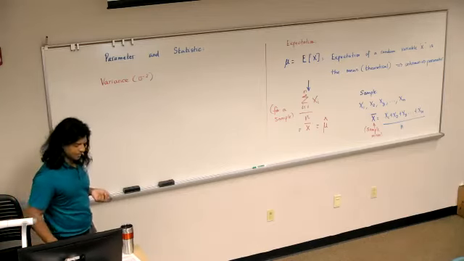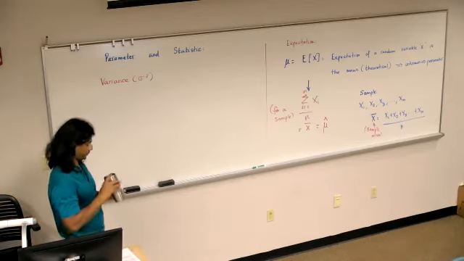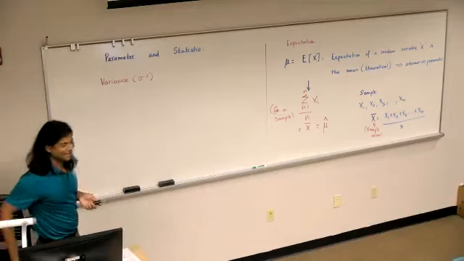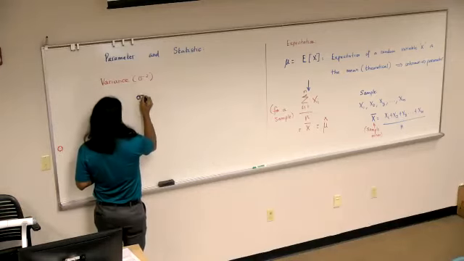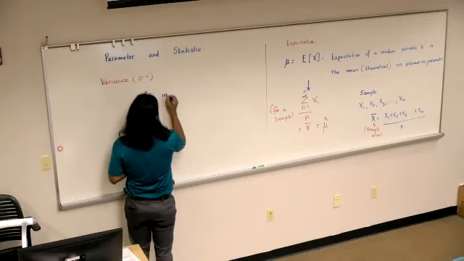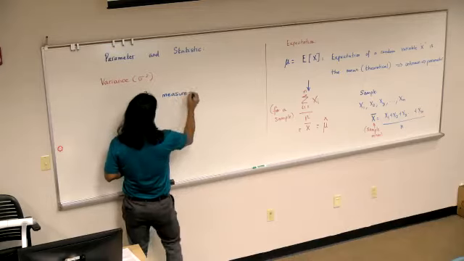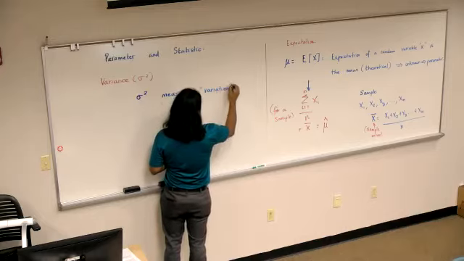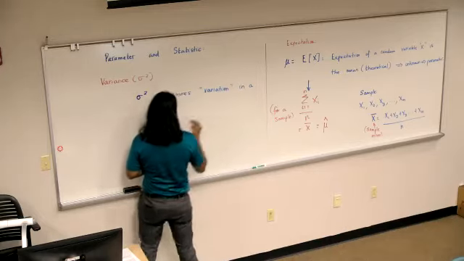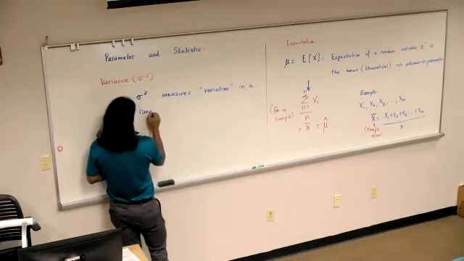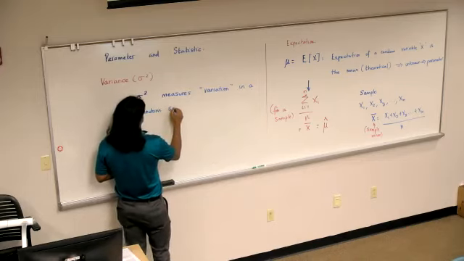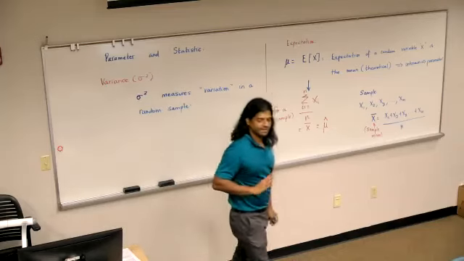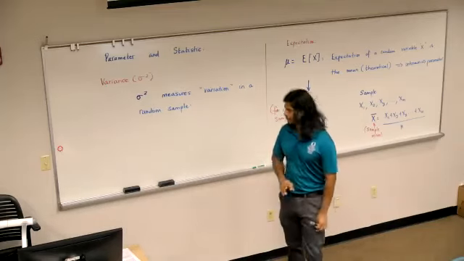Variance, sigma squared. What does variance give us? Sigma squared for variance measures variation in a random sum.